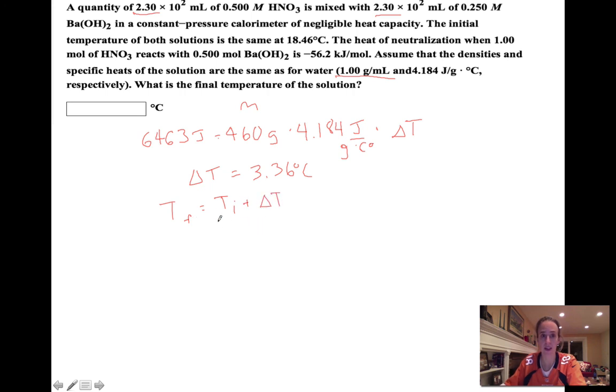And so from here it's pretty straightforward. We've got 18.46 degrees Celsius plus 3.36, and that's going to equal 21.82 degrees Celsius. So hopefully this helps you attack this type of problem.